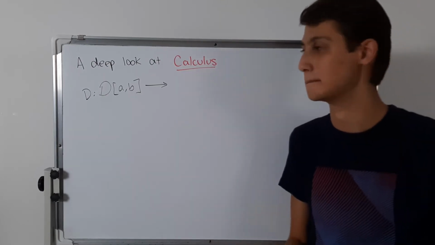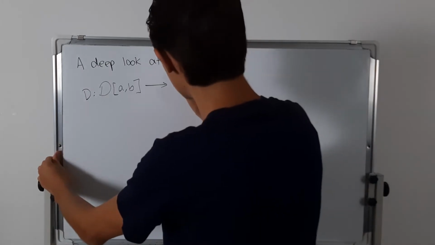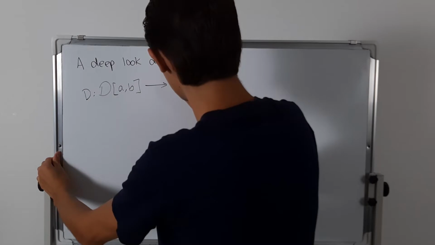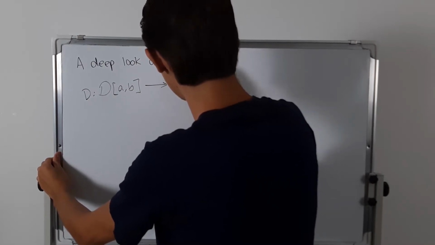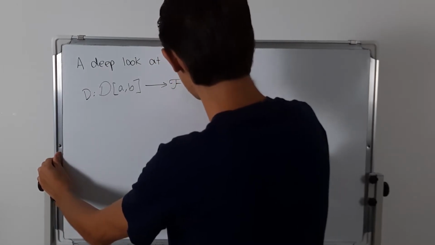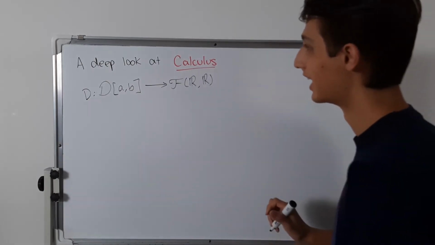So they're just general functions, which I'm going to denote with a calligraphy F, from R to R. These are just common notations that I see, so I'm just mimicking that.